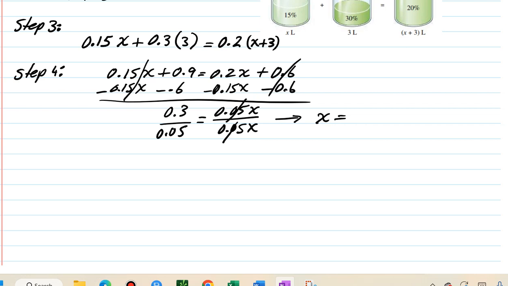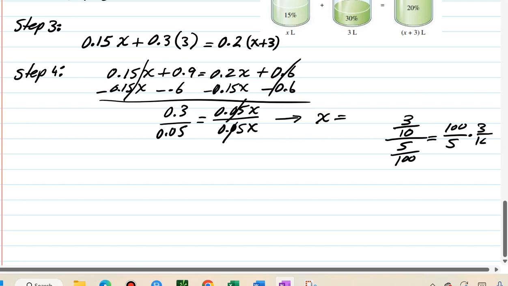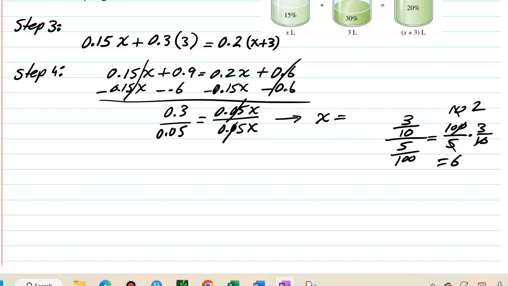That's 3/10 divided by 5/100. Without a calculator, I'm going to invert and multiply, 100/5 times 3/10. That's going to be 10 divided by 5, 2. 2 times 3, 6. So it looks like the answer is going to be 6, without a calculator.